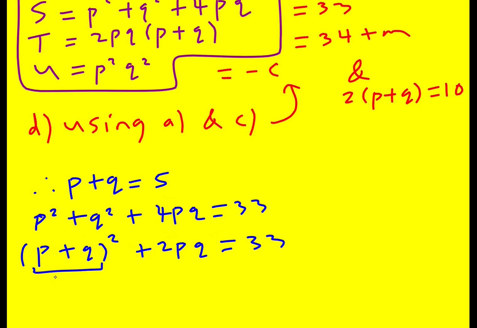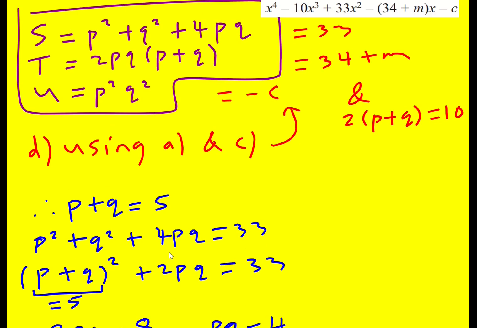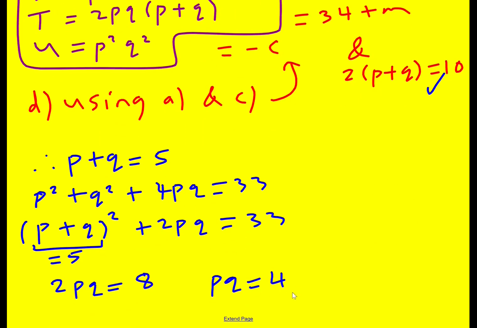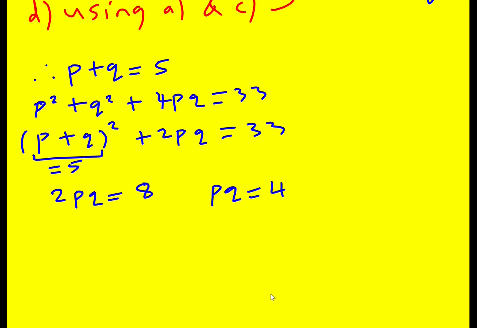And I've just said that this here is equal to 5, and therefore this will be 25, and therefore 2PQ will equal 8, and PQ will therefore equal 4. This is good. So I've dealt with S, and I've dealt with this one here, but I can actually use them both together now.